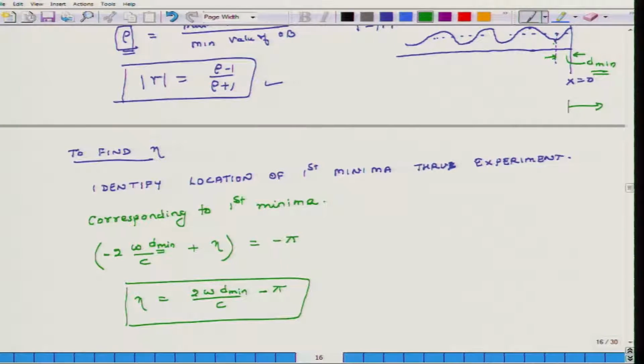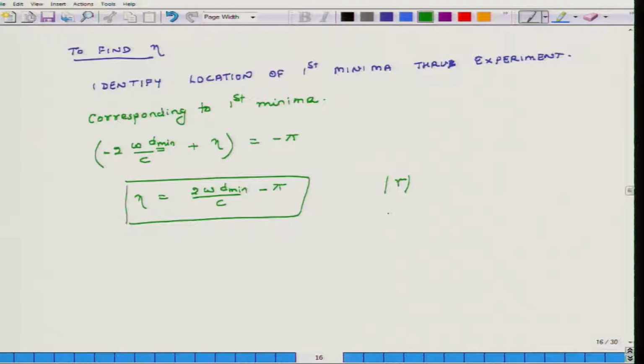So, with this understanding, I have computed or measured the modulus of gamma. I have also experimentally determined eta. So, with this information, I know that gamma equals its modulus times exponent j eta. So, I can calculate gamma. Through gamma, I can calculate ZL.